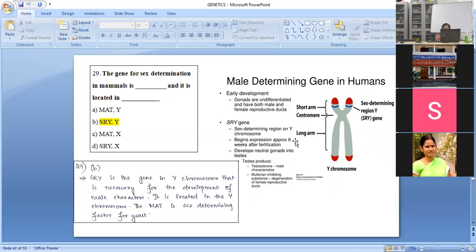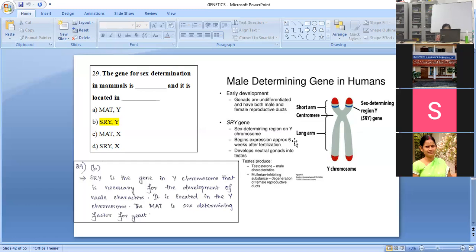It begins expression approximately 6 weeks after fertilization. As we all know, in the gonadal ridge formation the tissue has potential, it can form either testes or ovary. We have a bipotential ridge over there. But depending on the expression of these genes, SRY, or in females the WNT genes, these genes determine whether the fetus will become a male or a female.